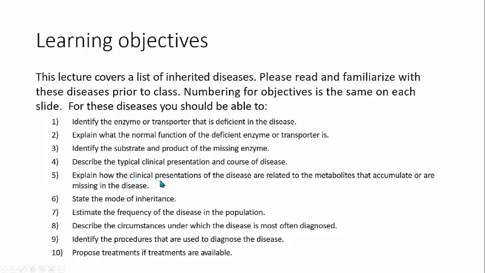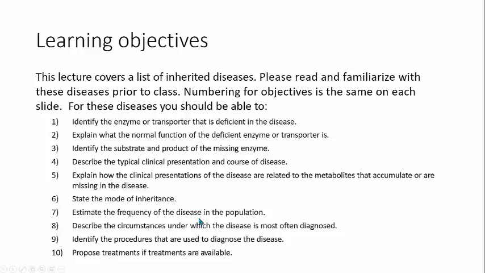You get an explanation of why these work and how the diseases accumulate certain metabolites. You're given how the mode of inheritance occurs, particularly if there is a mode of inheritance such that it occurs in some populations more than in other populations.